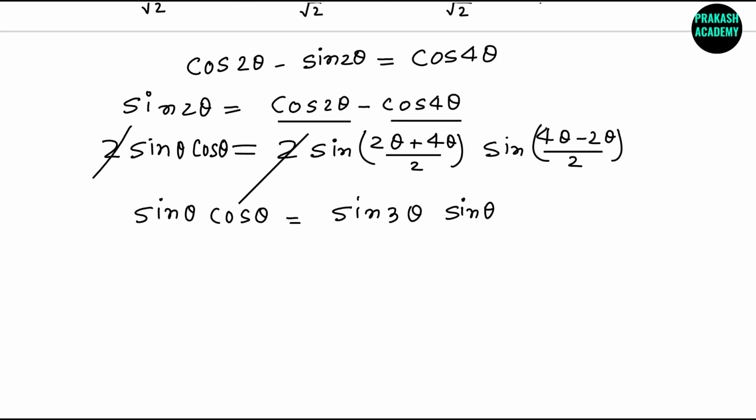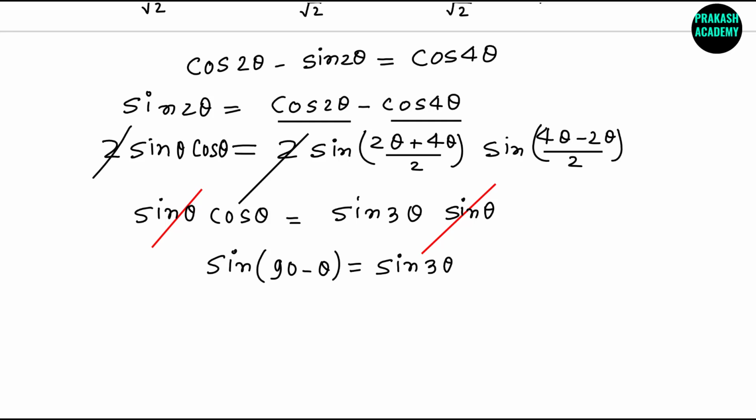Since sin theta is not 0, we can cancel, and then I will have basically cos theta, which equals sin (90 minus theta) equals sin 3 theta.